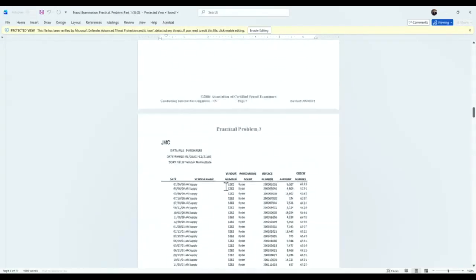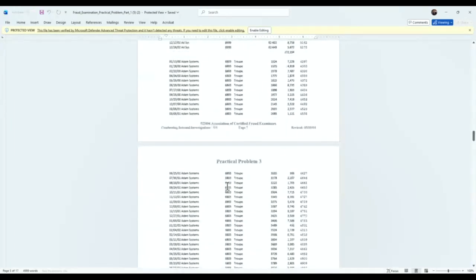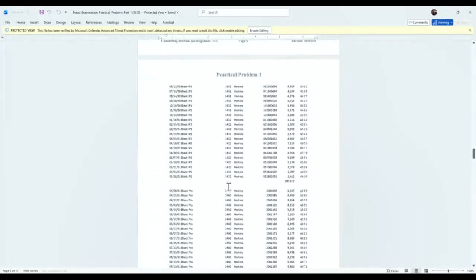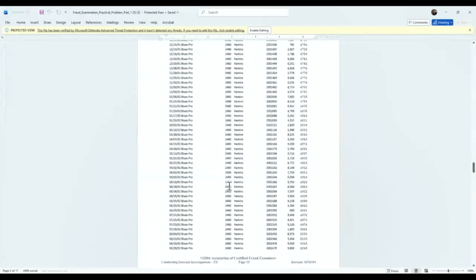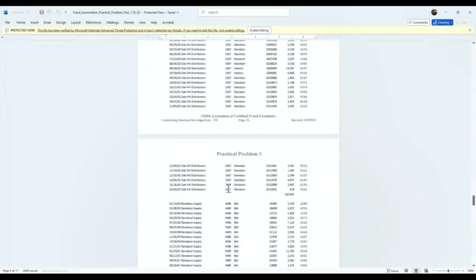Okay, so here are a bunch of pages of purchases. Look it over, and anything you find suspicious, write it up.